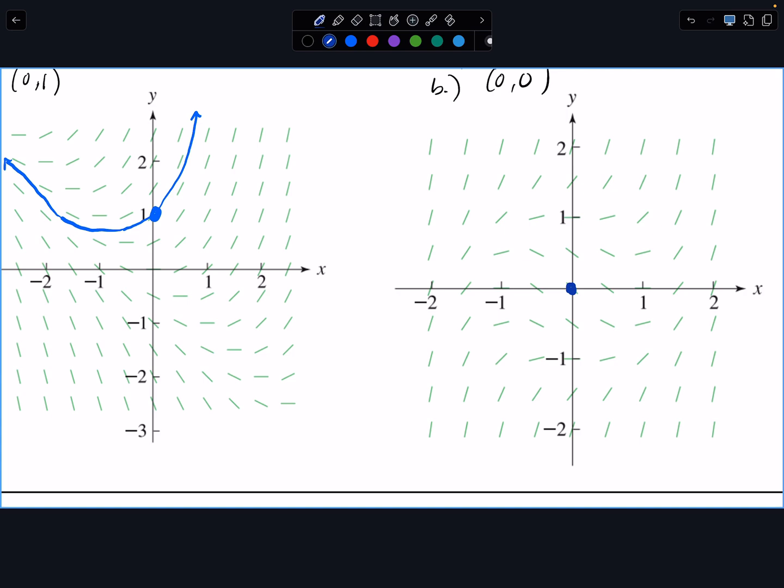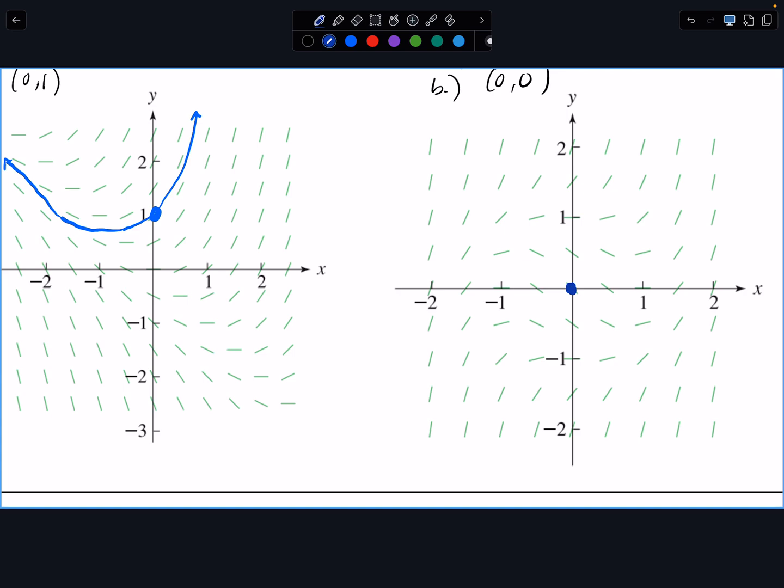I want you guys to look before that point and after that point and see if you notice something. What does it kind of look like? Looks like a sine graph to me.